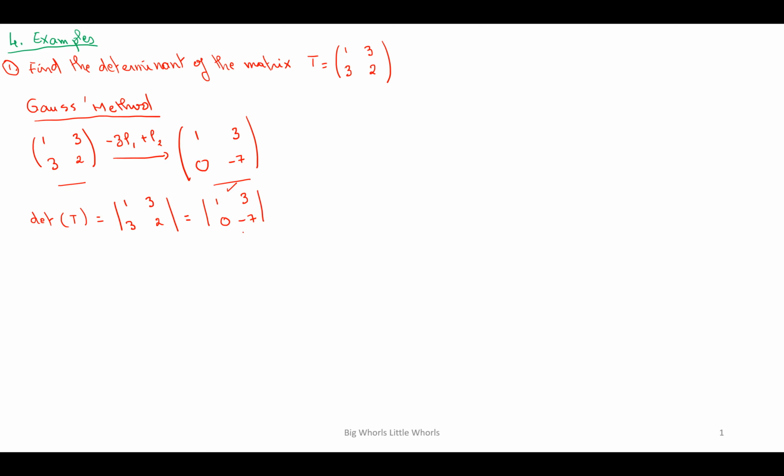And this second matrix is in echelon form, so we can multiply down the diagonal. So the determinant of T is equal to 1 multiplied by minus 7, which is equal to minus 7. Okay, so this is our first question for today.